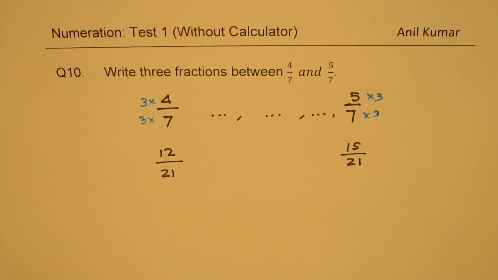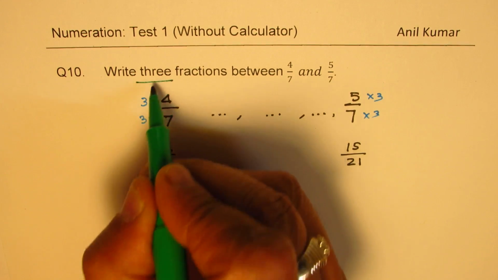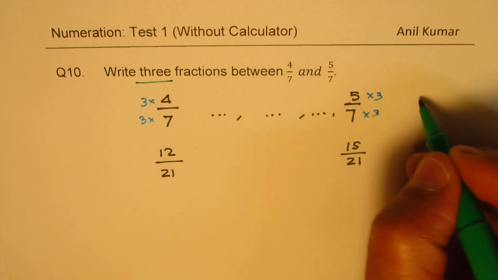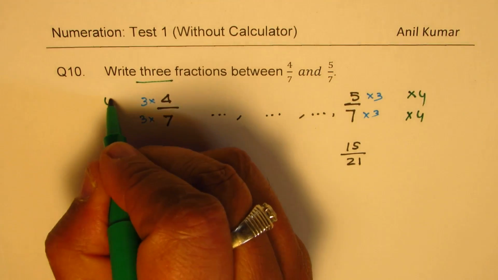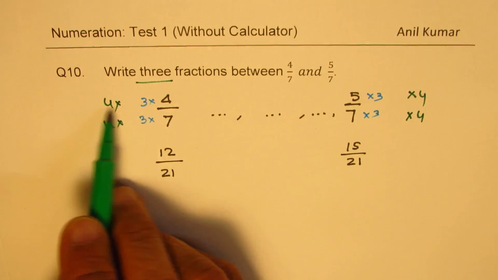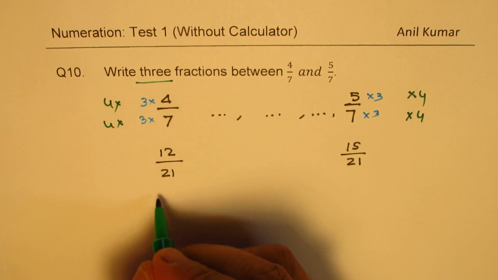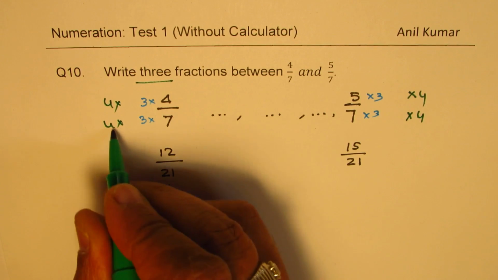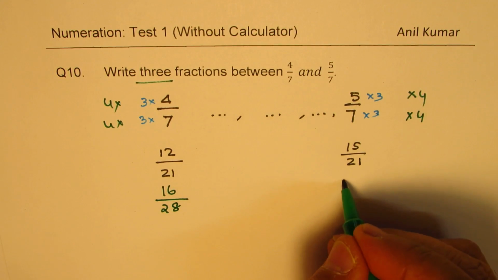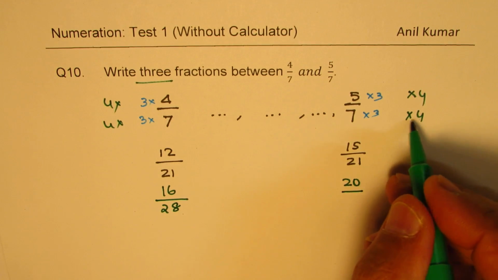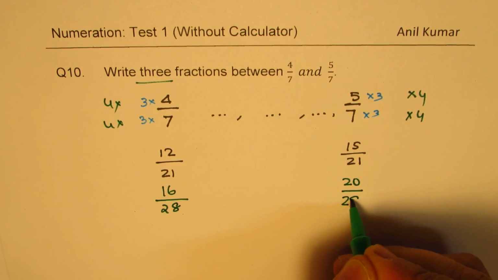So when you multiply by 3, you only get two fractions. So the next number we should have taken is 4. Since we need three fractions, I have to multiply not by 3 but by 4, right? So we'll multiply both by 4. When you do with 4, you get 4 times 4 is 16 over 4 times 7 is 28, and on this side, 4 times 5 is 20 over 4 times 7 is 28.